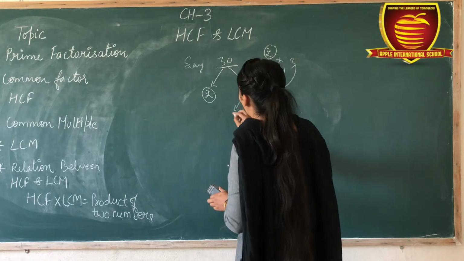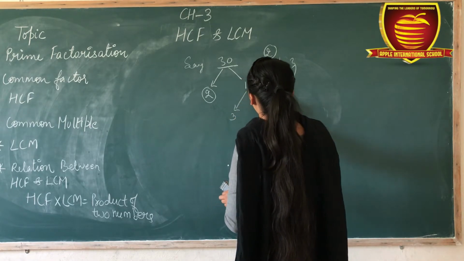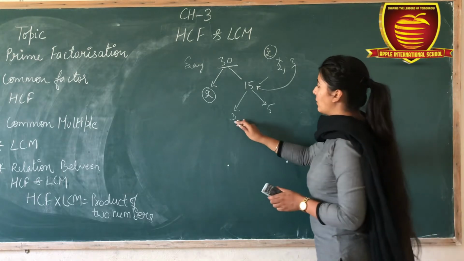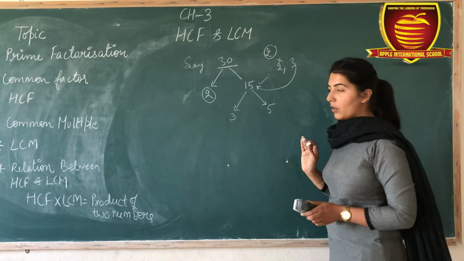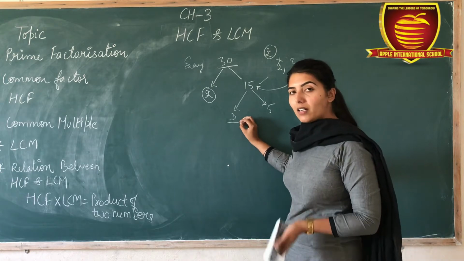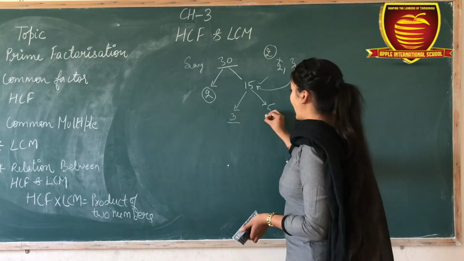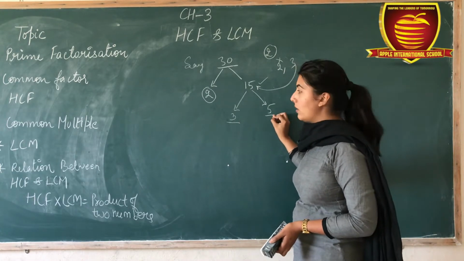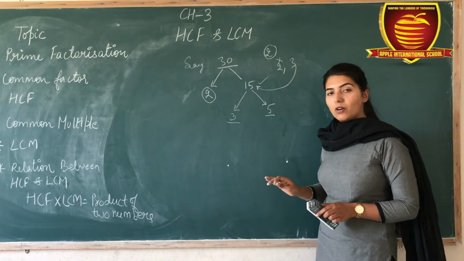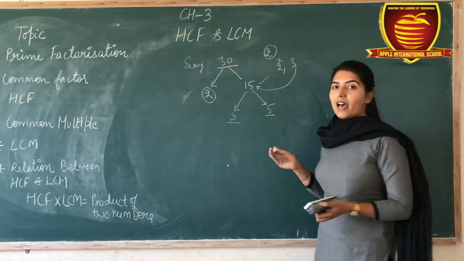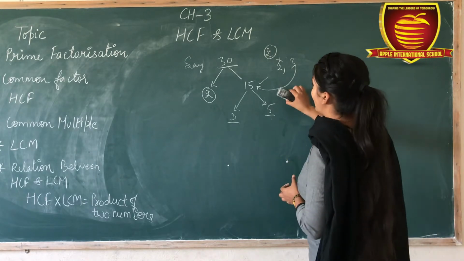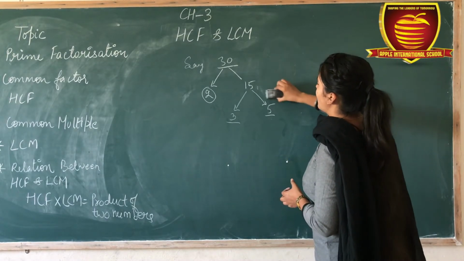At what place? 5. So 3 and 5. Can 3 be divided further? No. Can 5 be divided further? No, because 2, 3 and 5 are prime numbers, and these prime numbers are divisible only by themselves. So this is our prime factorization.